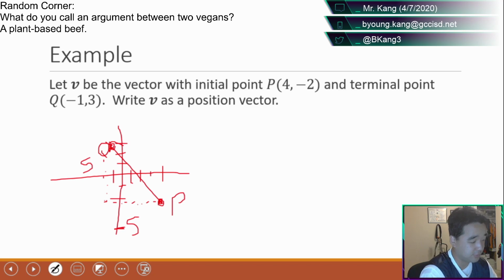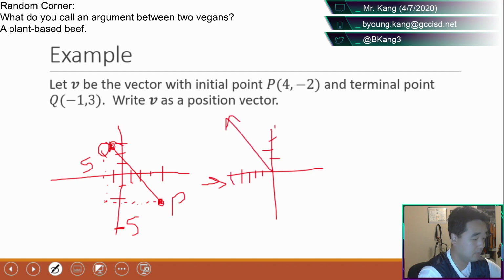That would be negative because you're going to the left. So if I redraw this, there we go. So negative 5, 5 for the ending point.